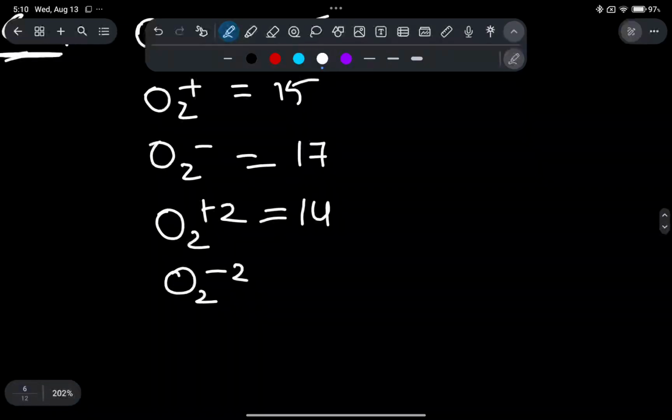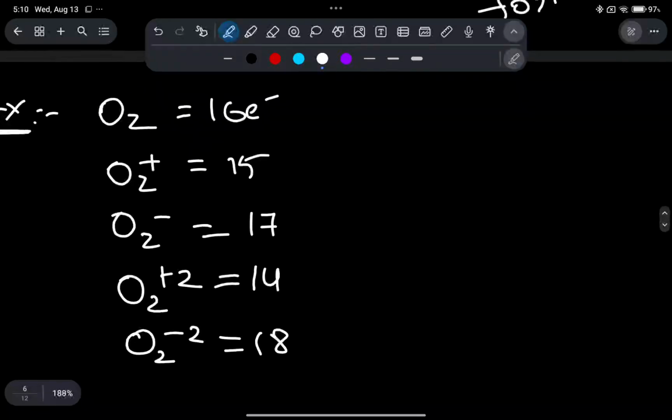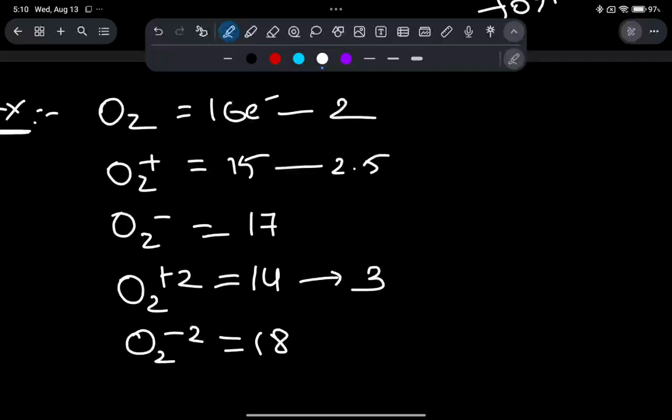And O2 minus 2 means 18 electrons, gain of 2 electrons. So I have said to you 14 means 3. From 14, 15 means 2.5, 16 means 2, 17 means 1.5, 18 means 1.